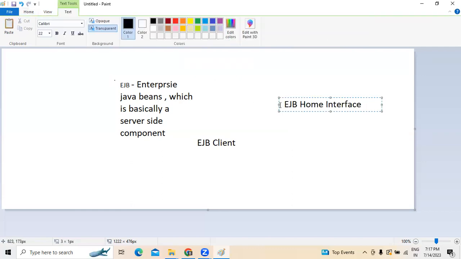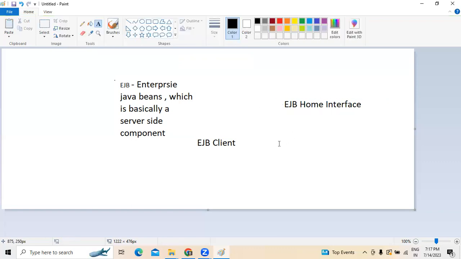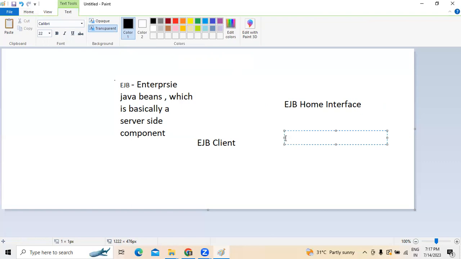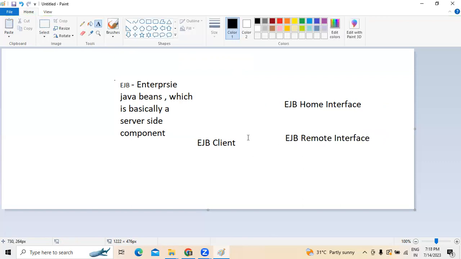At the same time, it will be connected with the EJB remote interface as well. Right? EJB remote interface as well.